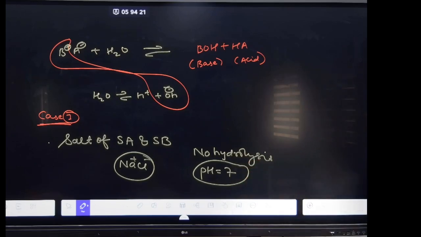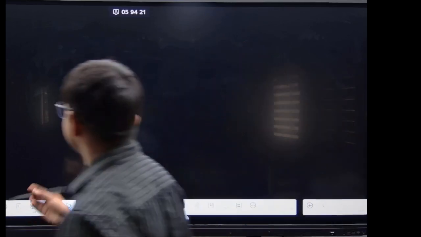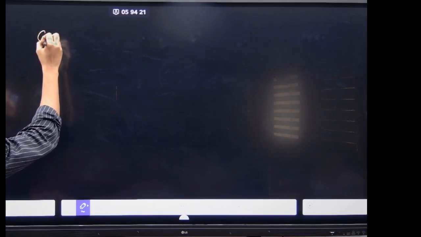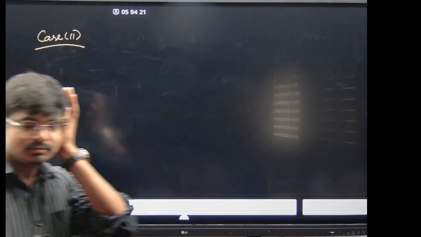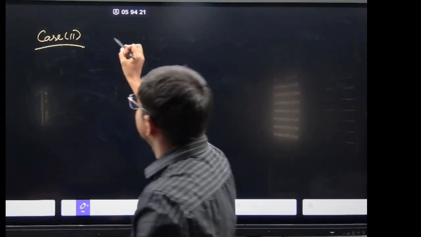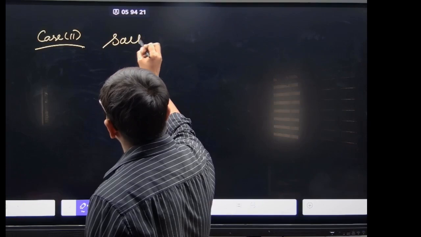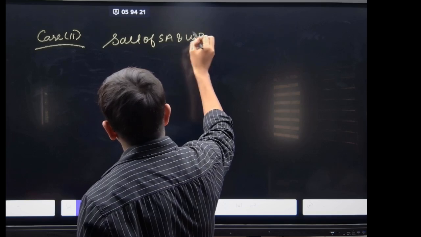Fine. Now coming to case 2. See here, case 2, you see the salt of strong acid and the weak base, right?